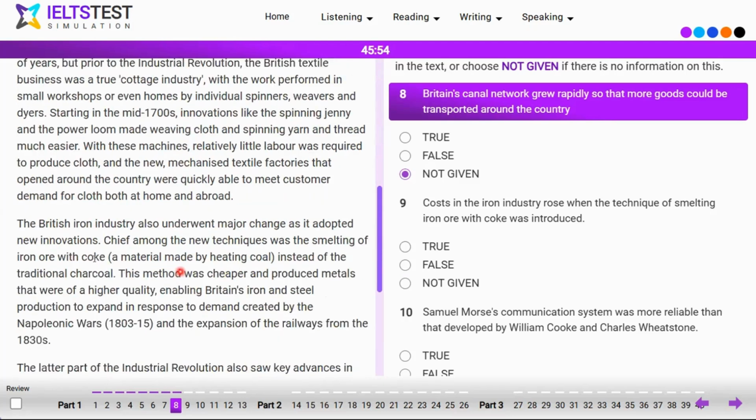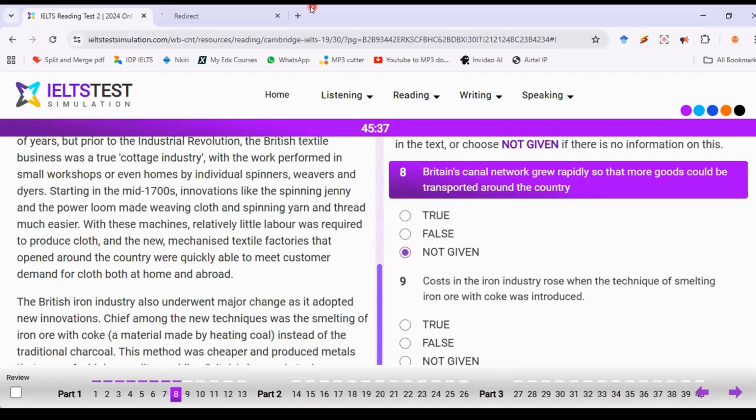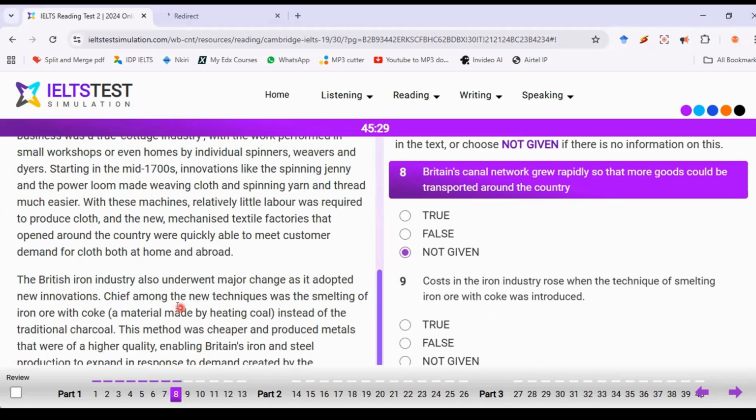Okay, I've seen coke here. So chief among the new techniques was the smelting of iron ore with coke. Smelting of what? Of iron ore with what? With coke. So I've seen coke here.